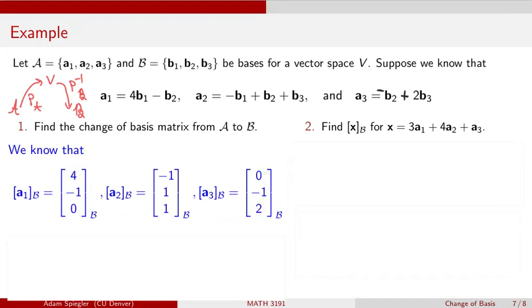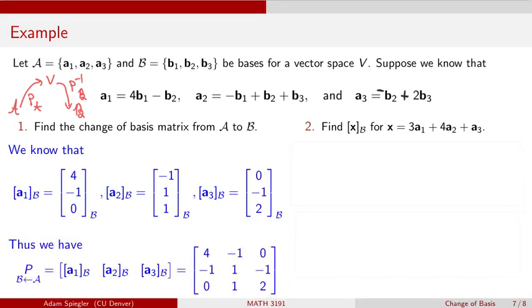And now each of these three vectors, the B coordinates for our basis vectors in basis A, form the columns of our change of basis matrix. So now our change of basis matrix would have first column given by A1 written in B coordinates, and that was 4, minus 1, 0. And then the second column would be minus 1, 1, 1. And the third column is 0, minus 1, 2.